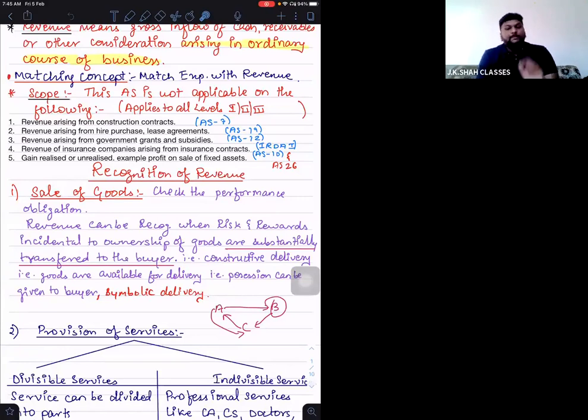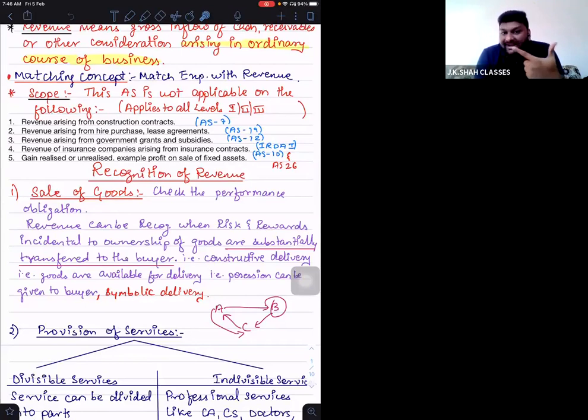Correct? Now, sir, before going ahead, one thumb rule to be made for revenue recognition. You have learned in sale of goods that revenue can be recognized if the risk and reward is transferred. Correct? That is the first point that you have to complete for recognizing revenue.